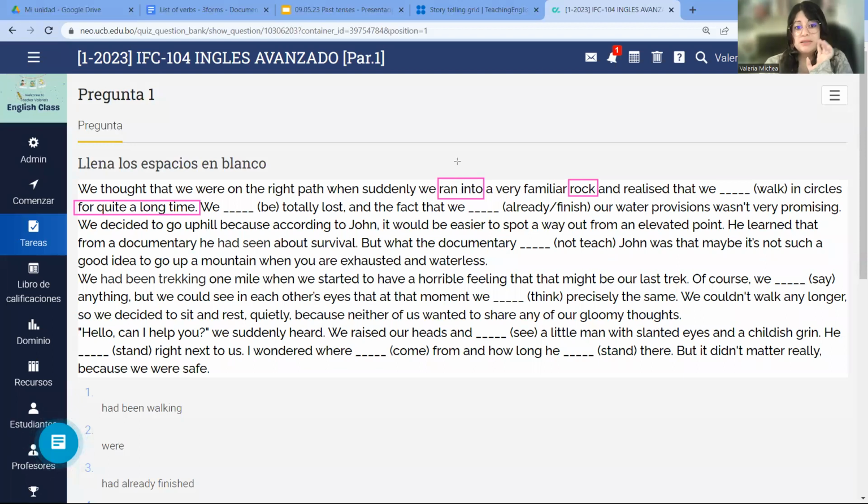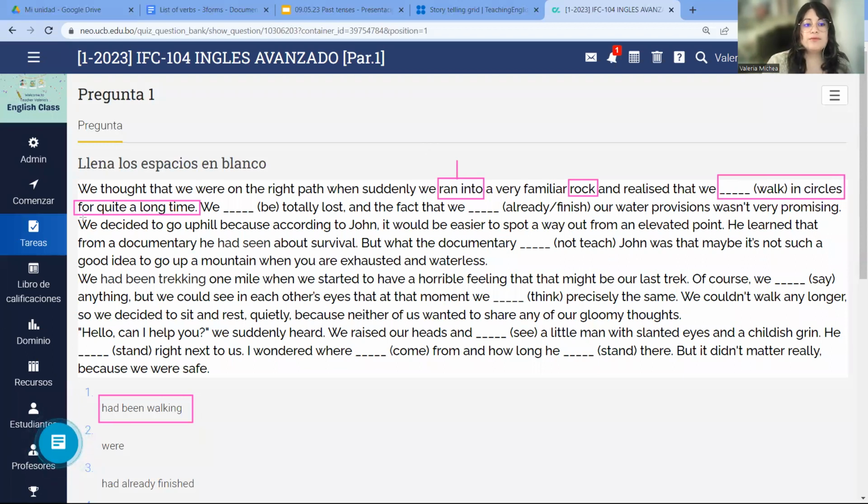This is like the biggest action in the past that happened. So we ran into something. Before running into something, we had been walking for quite a long time. Why do we have this option, had been walking? That is the past perfect continuous.